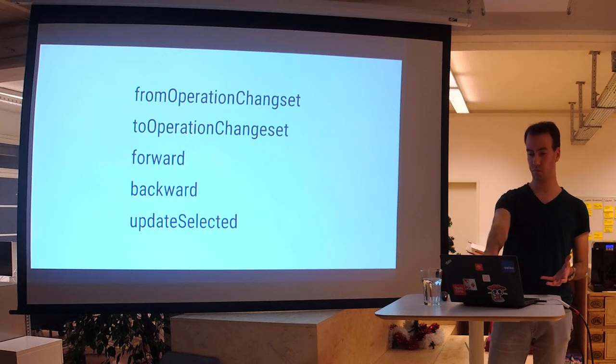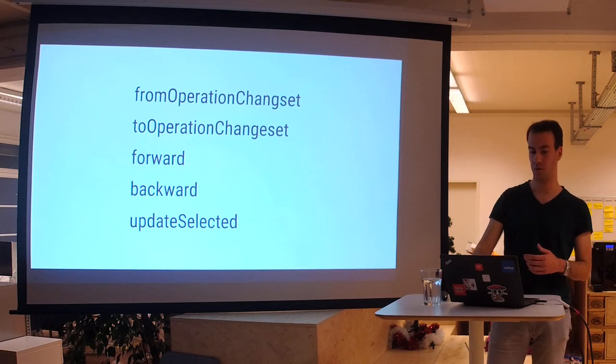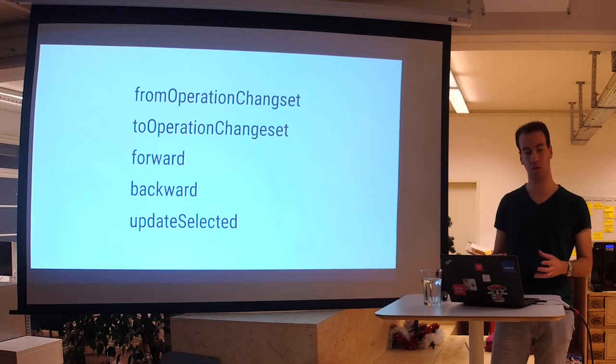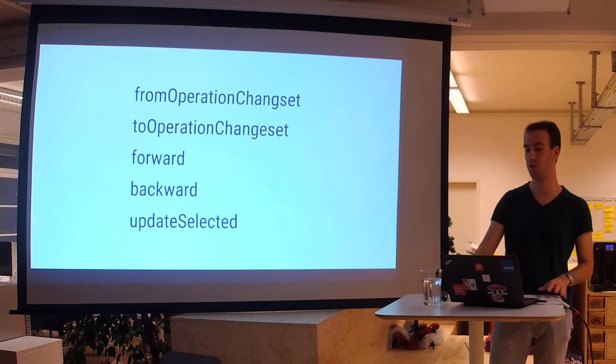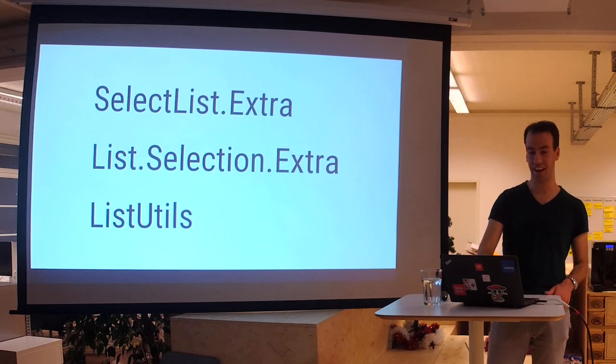And the two operations to go back and forward, because they were not provided by the underlying library, but it was easy to implement them and to update the selected things. So the library might have map, but maybe you don't want to map over each element, just the current one, so I implemented this.